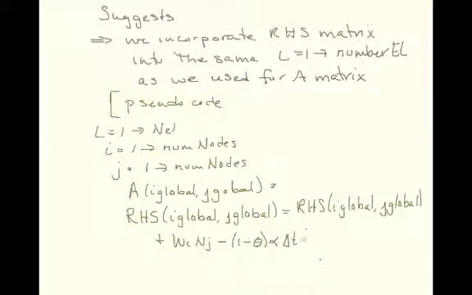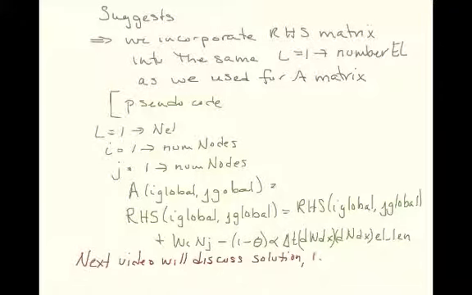Delta t, dw dx, dn dx. Oops, I'm going to put these in parentheses because element len. So that's the whole right-hand side. That's how you're going to create the matrix. The next video will discuss the solution, the boundary conditions, and the time stepping.